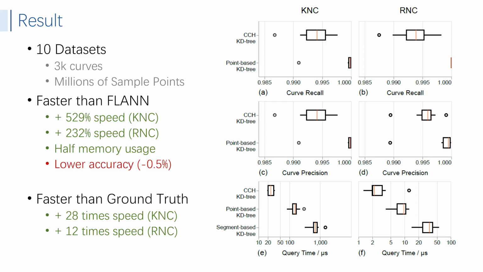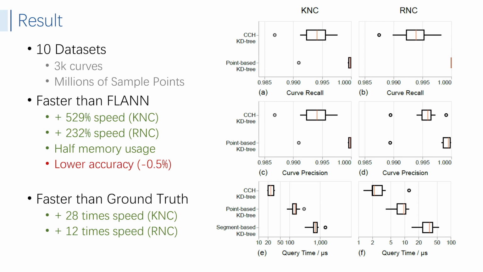Moreover, if we compare our algorithm with ground truth, it boosts the speed at least 10 times for different query problems, at a cost of 1% recall or precision. Details are listed on the right side.